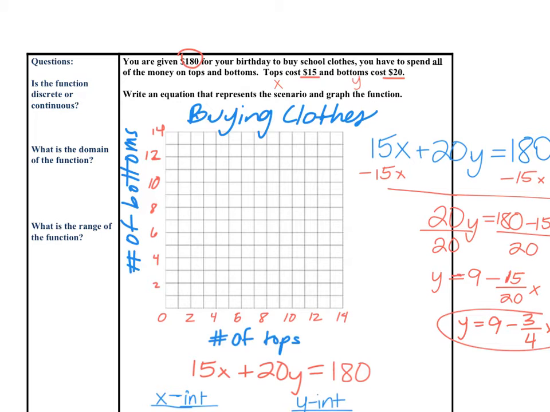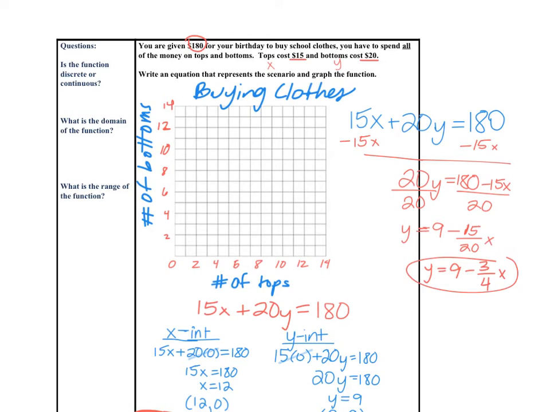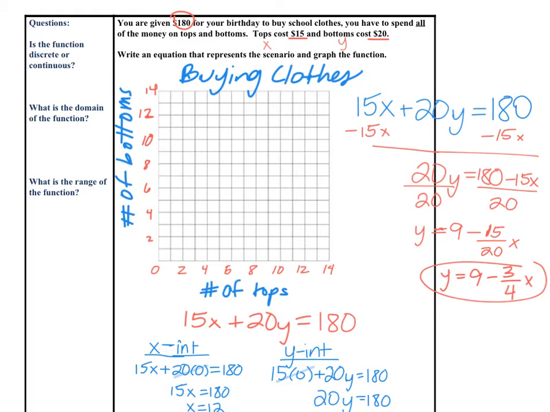And my x-intercept is 12. My y-intercept is 9. And then from here we're going to do the slope, which we know to be -3/4. So our graph is going to go down 3, right 4. And since it's scaled the same, I can just move by the squares.